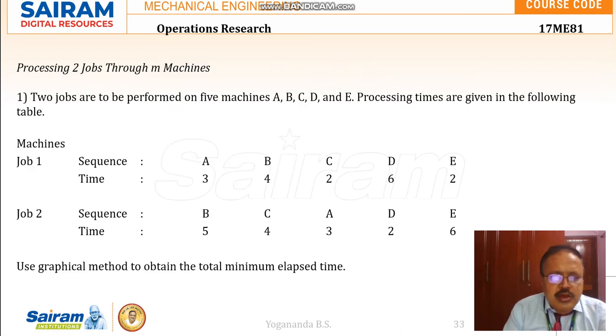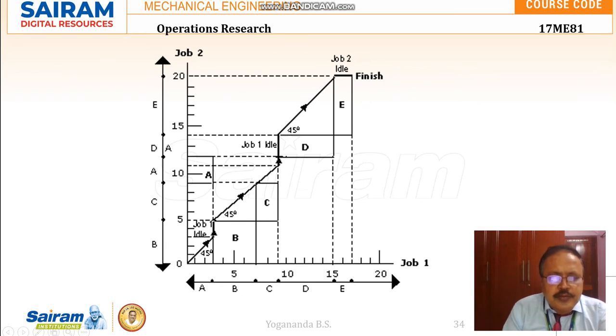Taking job 1, the sequence is A. The processing time is 3. So I am marking a light line here on the third division, which is getting processed on machine A. So 1, 2, 3, on the third division, marking the lighter line.